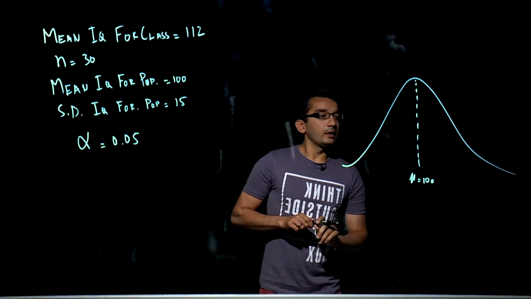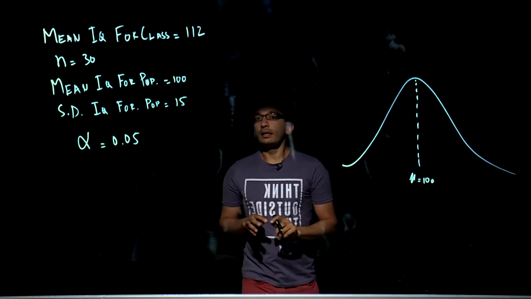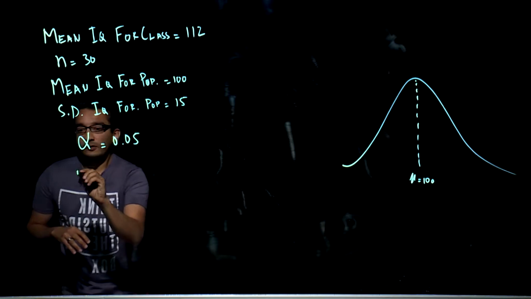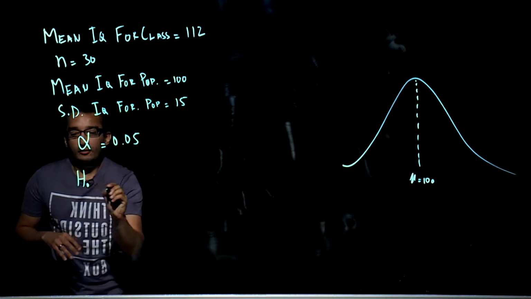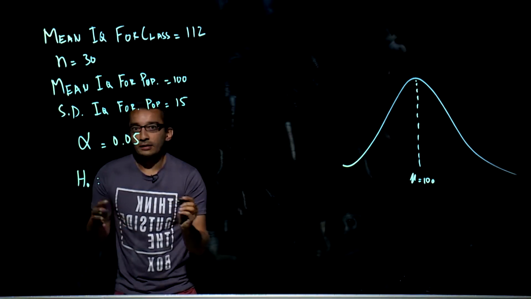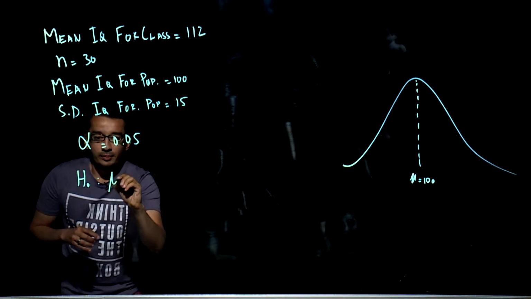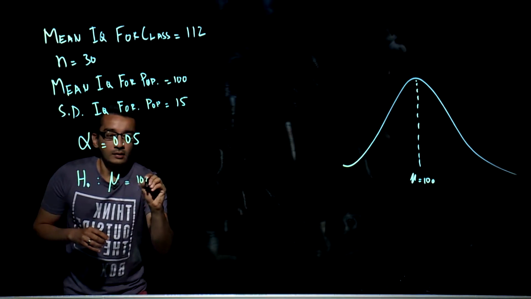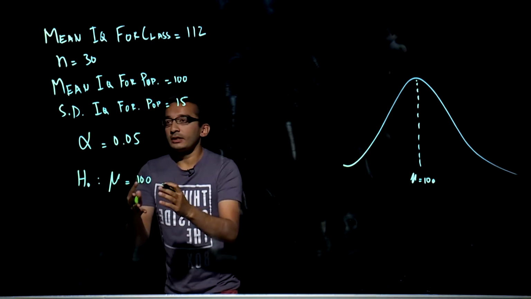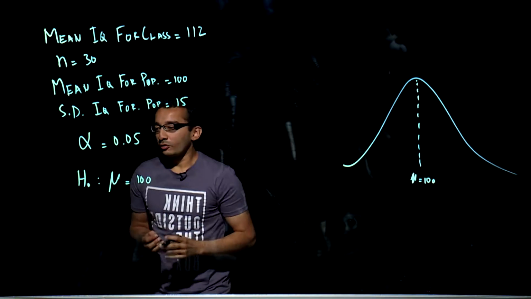The next step is that we're going to write our null and alternative hypothesis. The null hypothesis in our case would be, so this H naught is just the fancy way of writing the null hypothesis, it'll be mu is equal to 100. This is the accepted fact. This is the population mean of IQ scores.